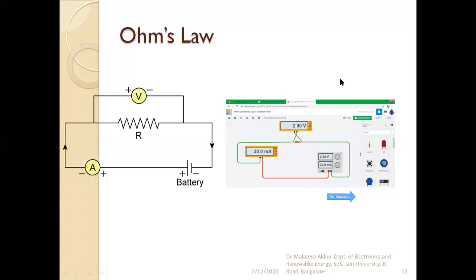Actually we are not adding but creating them, and that process we call IC fabrication. Using semiconductor technology, on a single semiconductor wafer we create a lot of components. Nowadays lakhs of transistors can be fabricated in a single IC.